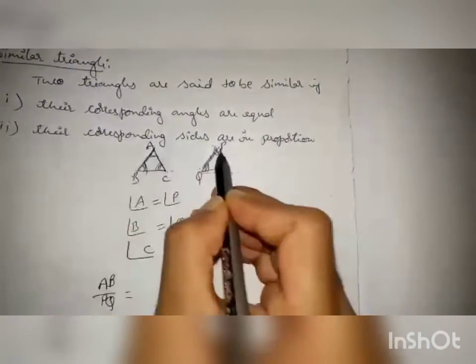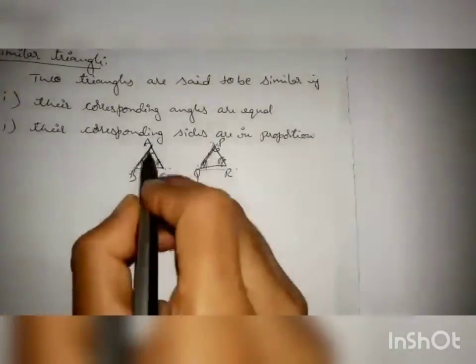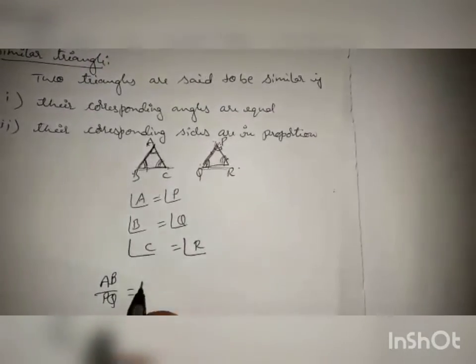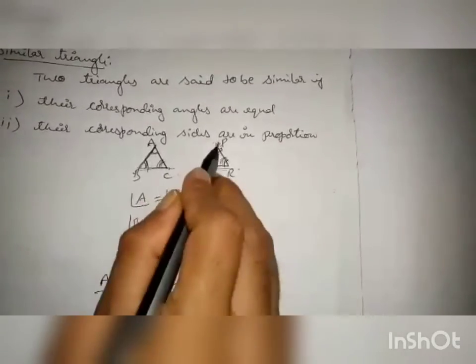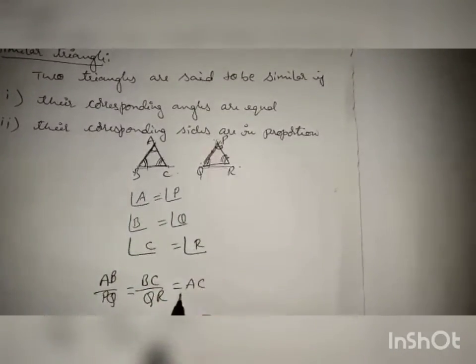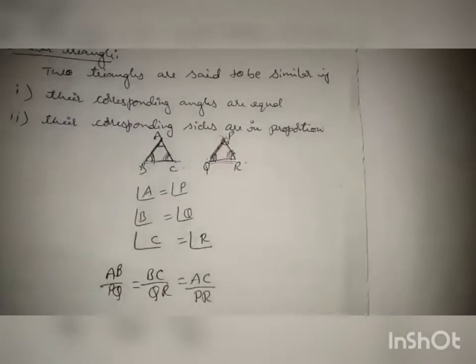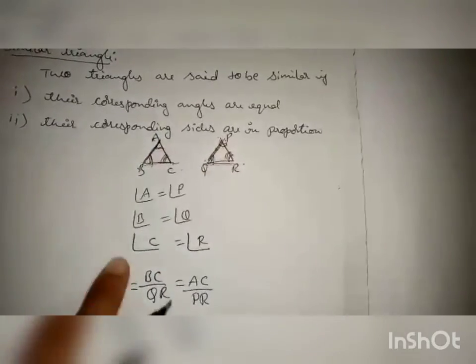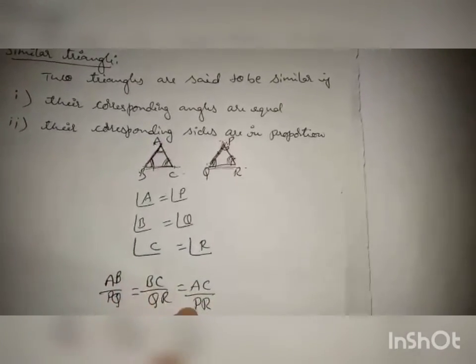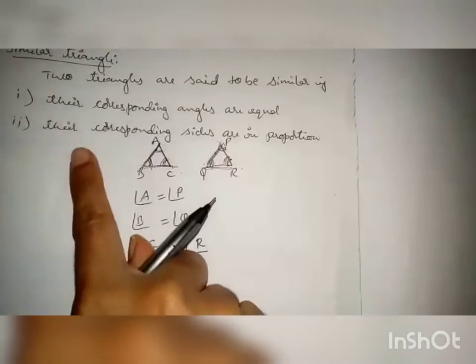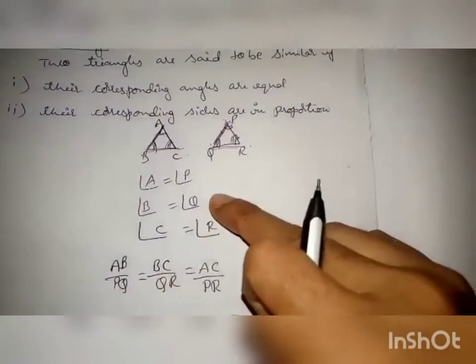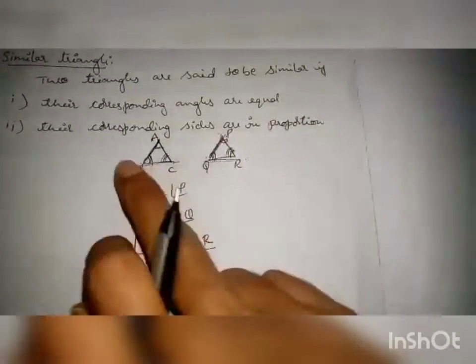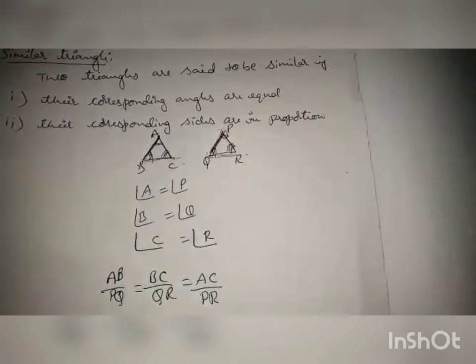So AB by PQ is equal to BC by QR, and BC by QR is equal to AC by PR. So when you take the sides in ratio form, it should be equal. If you have these two conditions, then we can say that two triangles are similar.